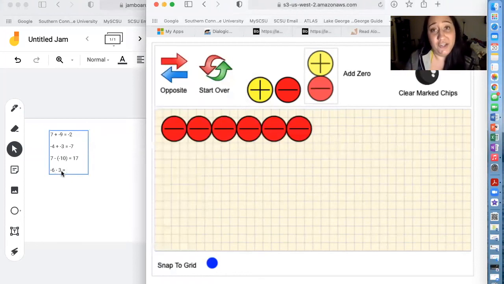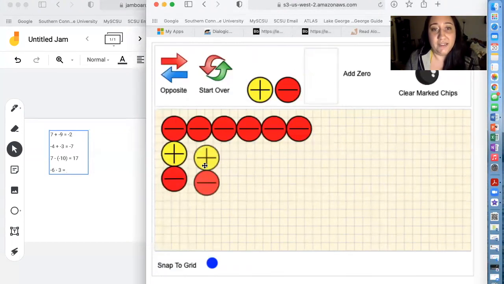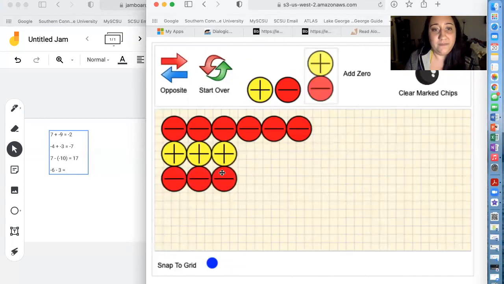So again, we're going to use our 0 pairs because that'll give us a positive and a negative to work with. And I need 3 positives. So I'm going to put 3 0 pairs in a row. Awesome. Remember, this is 0, so we're still technically at negative 6 right now. And we're going to subtract 3 positives.